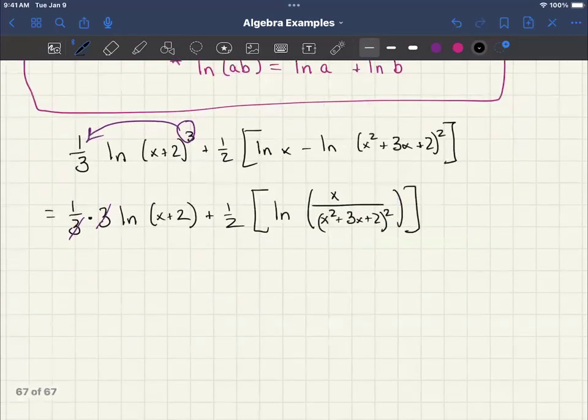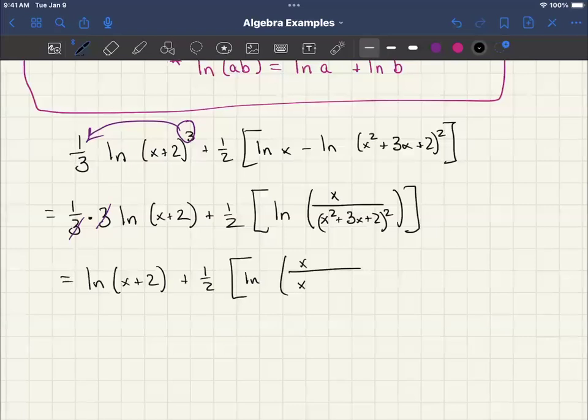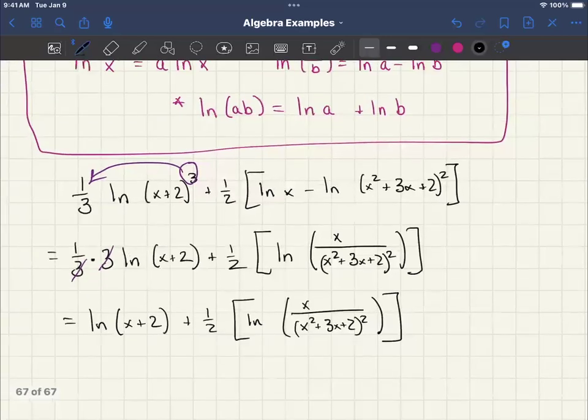Now it still looks kind of messy, doesn't it? Let's rewrite it one more time. x plus 2 plus 1/2 our natural log, and then we have this whole mess up here. All right, so we do now have something where we're adding two logarithms, right?